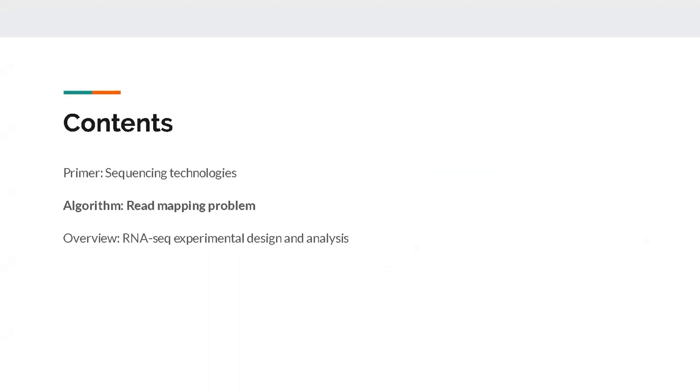Okay, thanks. So the next section we are going to talk about the read mapping problem, which is one of the fundamental problems in the analysis related to next generation sequencing. We will come to what this problem is and how people have tackled it.